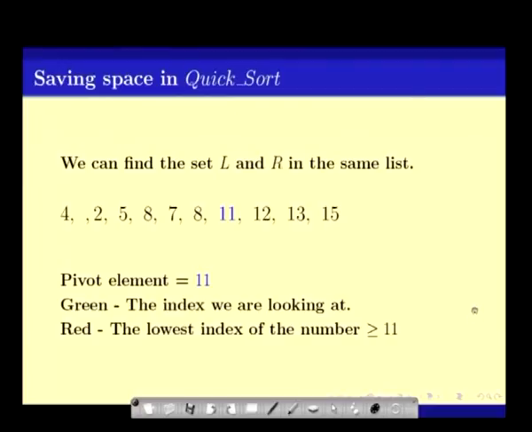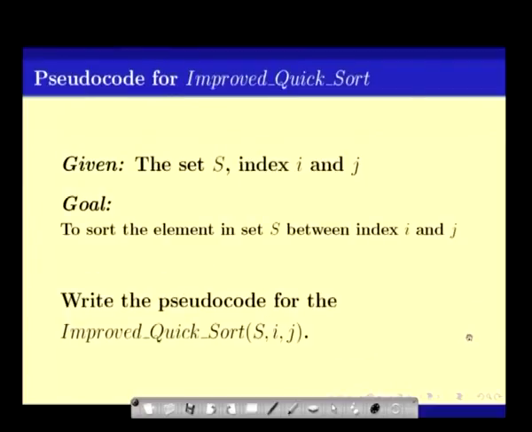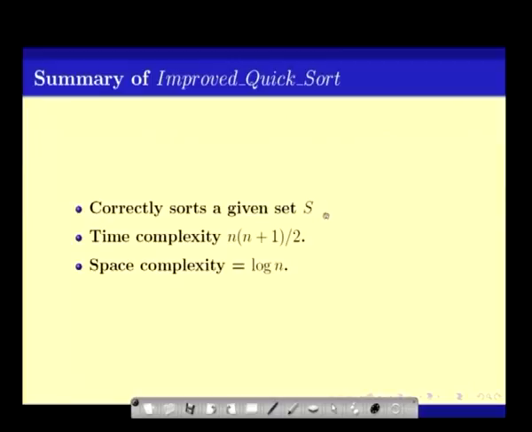I will not do the pseudocode of this algorithm, but I will leave it as a question to write the pseudocode to prove that this algorithm is right. To summarize this improved quicksort algorithm, we saw an algorithm which sorts the set S. The time complexity is n into n plus 1 by 2, exactly similar to the earlier one. As for space complexity, we have not used any new space.